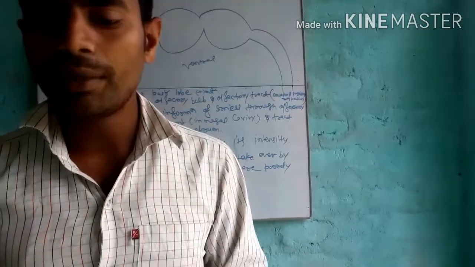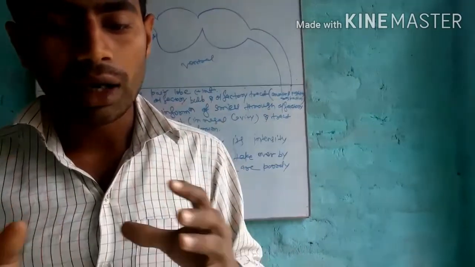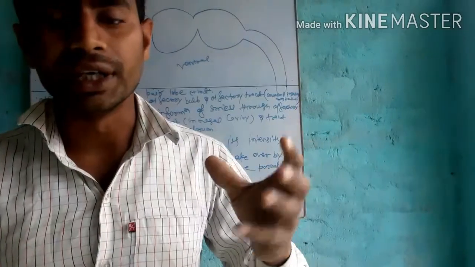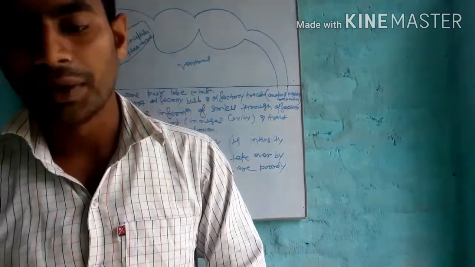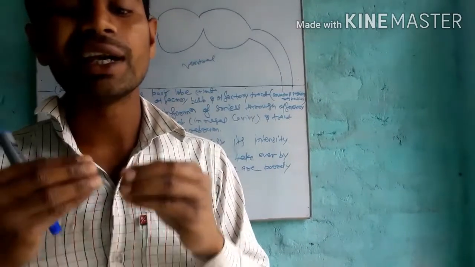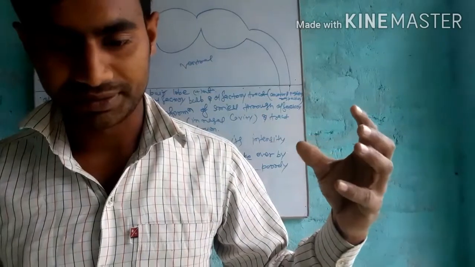The hypothalamus contains a number of centers which control body temperature and the urge for eating and drinking. It also contains several groups of neurosecretory cells which secrete hormones.